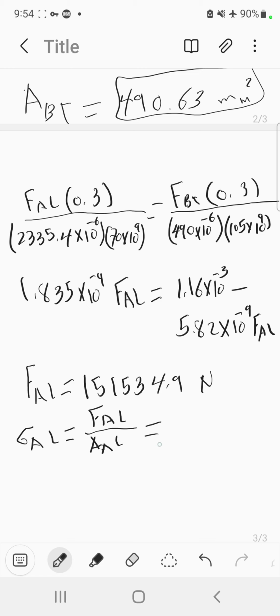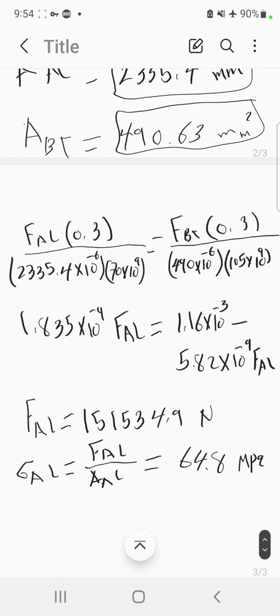Because I took a long time for this one, we already got the force, which is here, and we know the area of AL. So just substitute and you will get 64.8 megapascal.